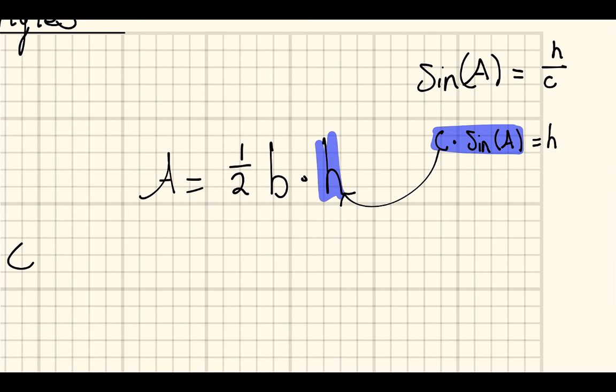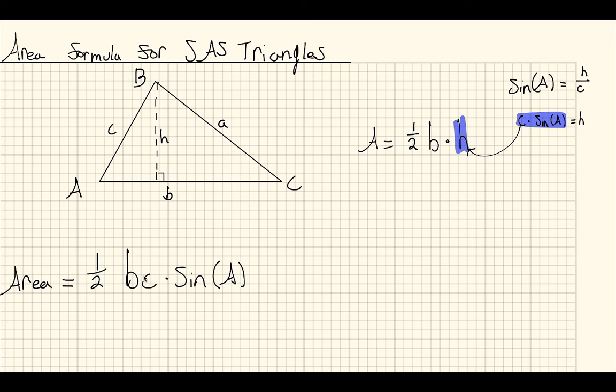And that's how we get the side angle side area formula we're going over right now: 1/2 BC sine A. This C sine A is technically H, which is why this formula works. That's where it comes from, if you're curious.